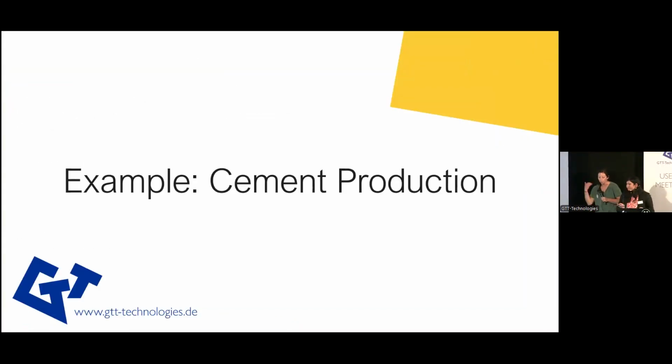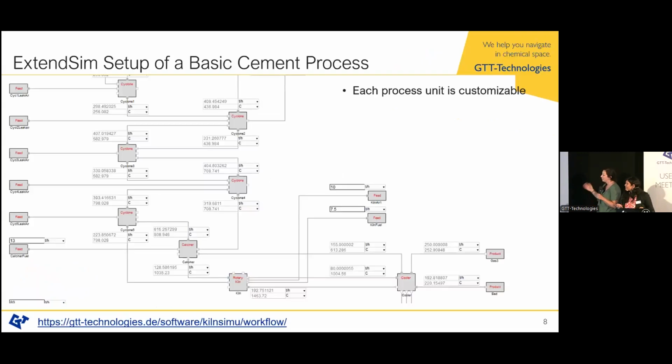We are going to show a very simple cement production example built in KilnSimu. It was great that Alex and Arnie went first so they could talk about it in more detail. If you go to the next slide, while Alex prefers the Excel version, we are showing the ExtendSim interface, which is a bit easier, I think, to visualize.